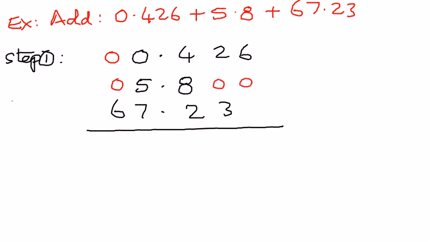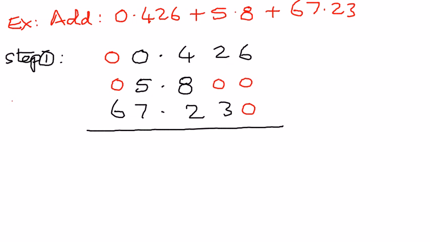And then 67.23 or 67.230 means exactly the same thing. I'm indicating those zeros in red, and they do not have any significance, but at the same time we have made sure that we have lined up the numbers in the respective columns. So that is the advantage in here.